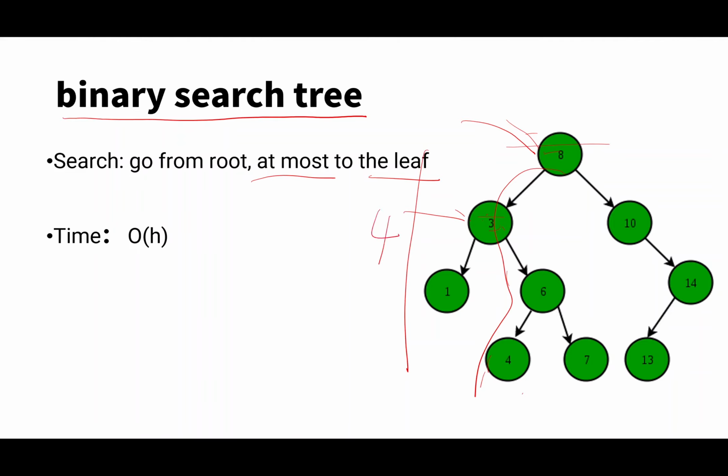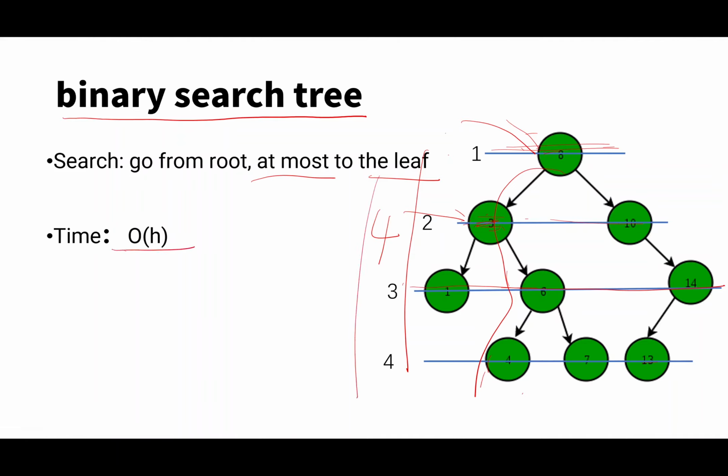The tree has height 3, so there are at most 4 comparisons. First we compare with the root, then with the children of the root, then with the children of the second layer, then we search in the third layer and reach the fourth layer. So the number of comparisons is at most the height of the tree, and the time is O(h).